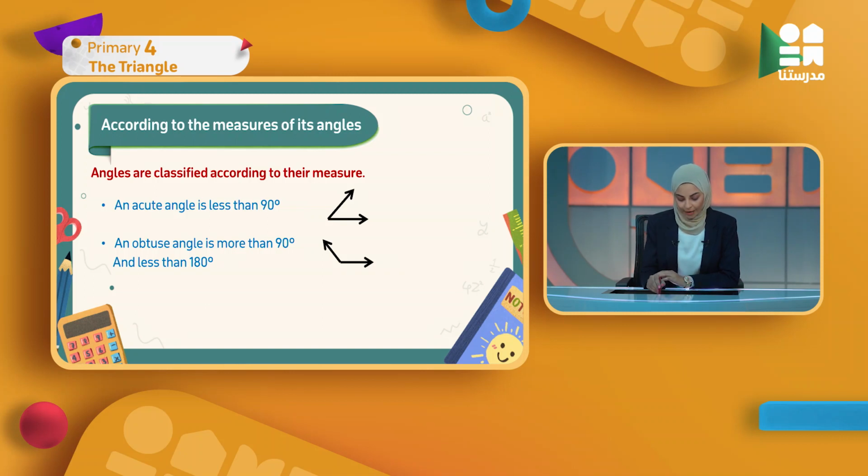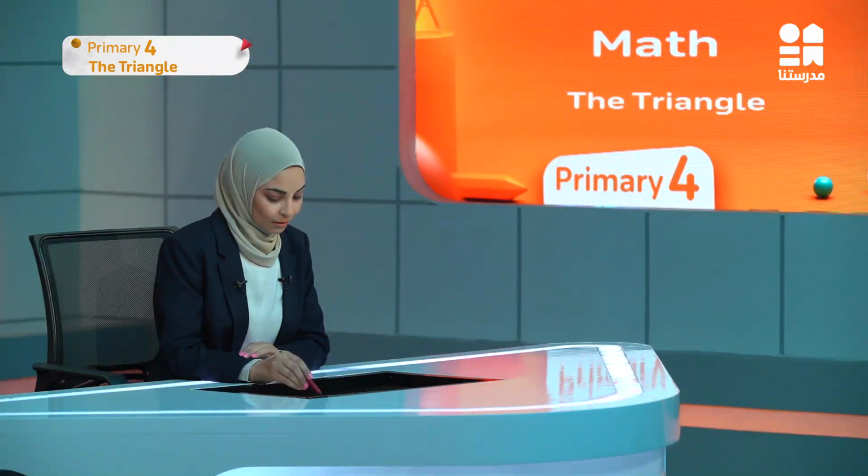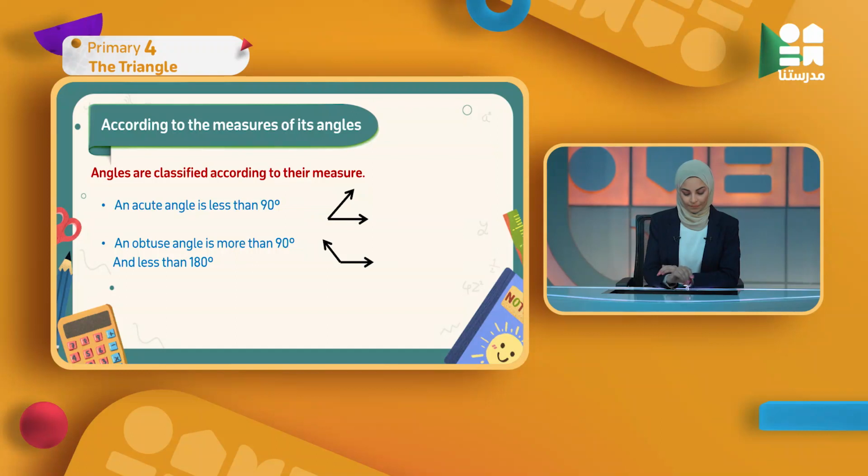Okay, now if I have, for example, angle 80, is it an obtuse angle? No. Why? Because 80 is less than 90 degrees. Okay, what about if I have angle 120 degrees? Is it an obtuse angle? Yes. Why? Because 120 is between 90 and 180.